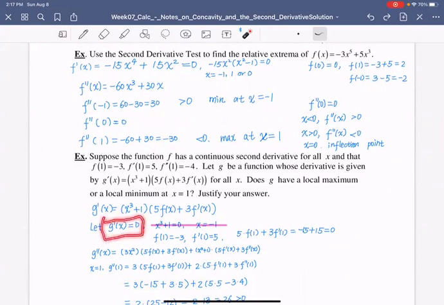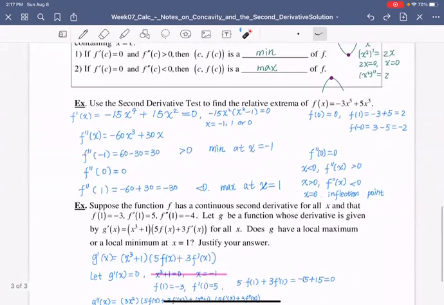Does this make sense? Yes, that definitely makes sense. Students, if my question is asking you for inflection points, you do the double prime, make it equal to 0, and then check if your double prime is changing sign on the left or on the right.